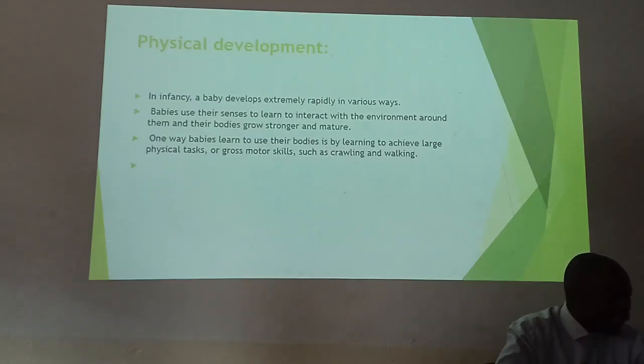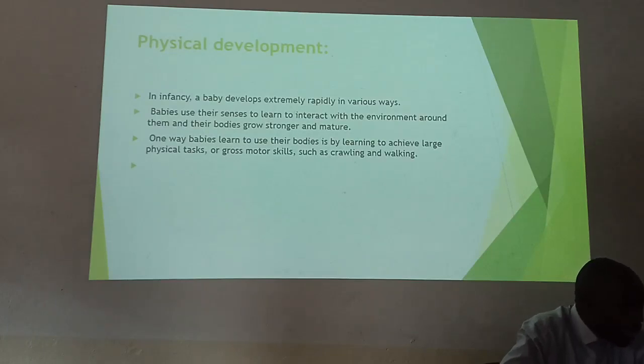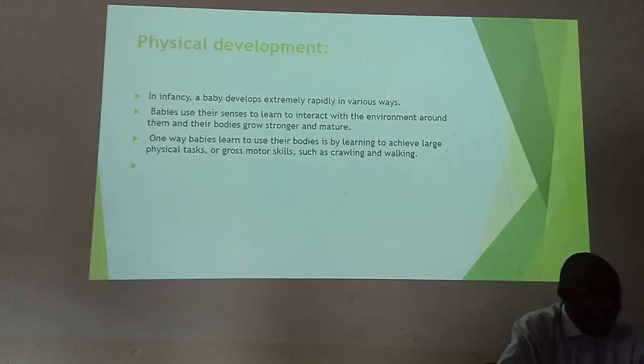Physical development. Infancy. In infancy, a baby develops extremely rapidly in various ways. Babies use their senses to learn to interact with the environment around them, and their bodies grow stronger and mature.